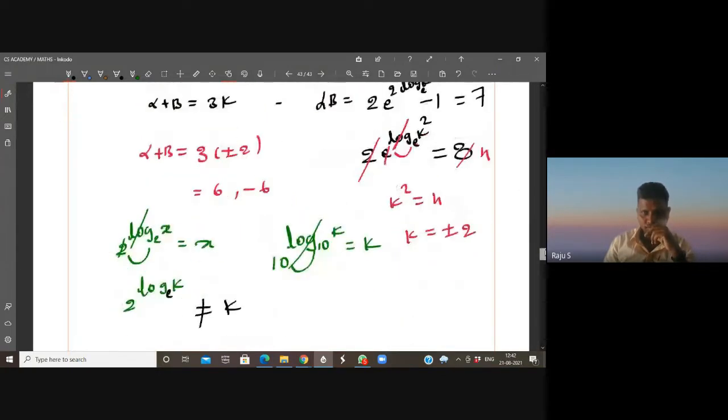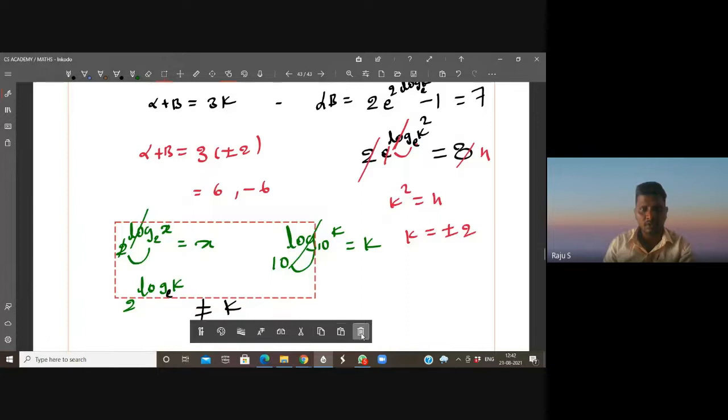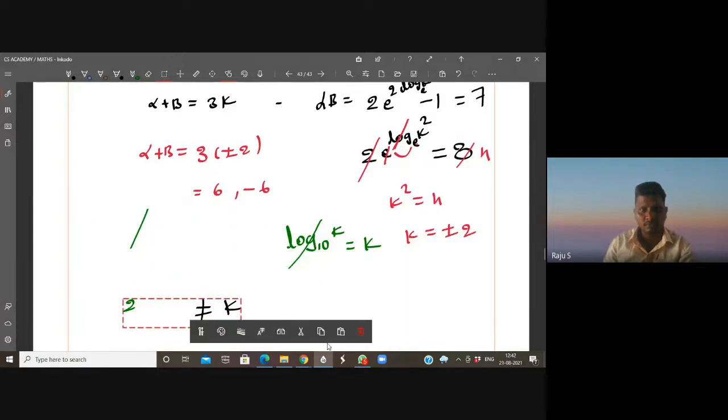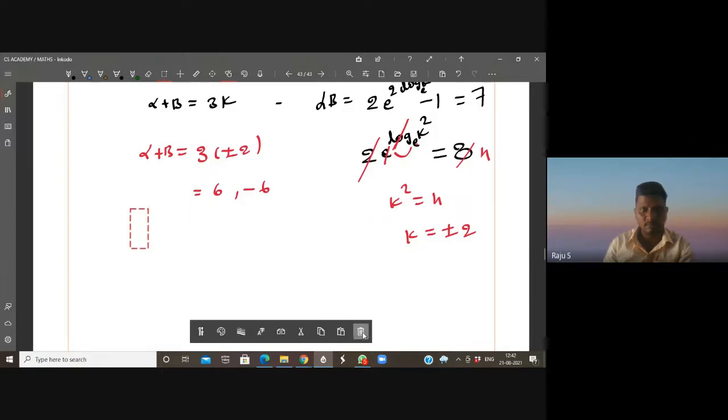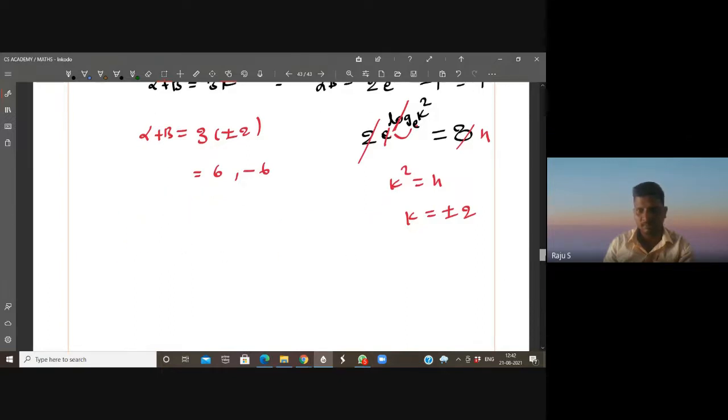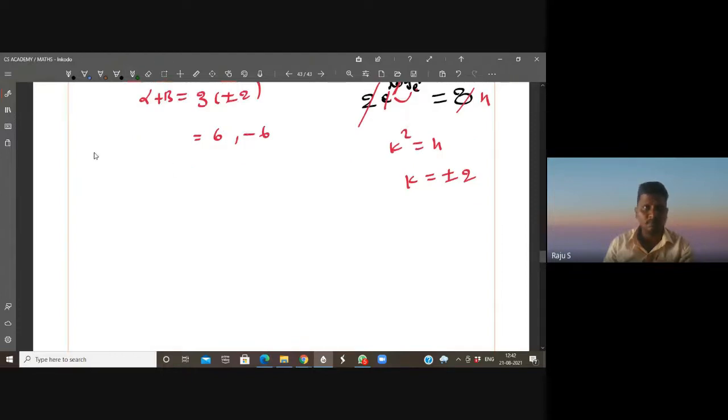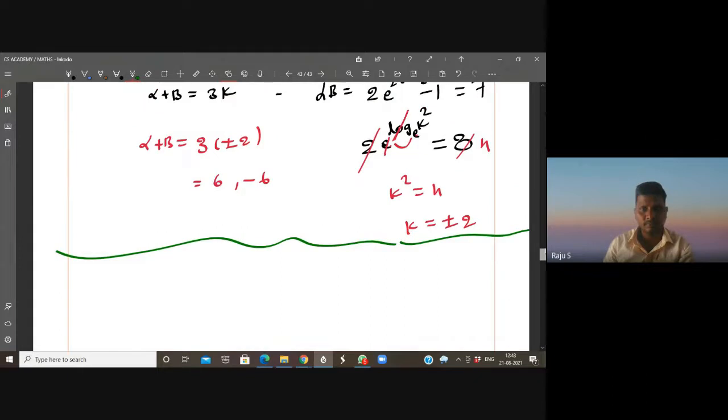We got k square is equal to 4, k is equal to plus or minus 2. I hope that you understood this. So the answer is 6. Got it?